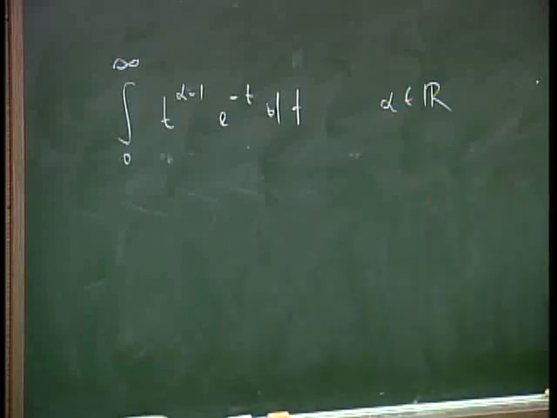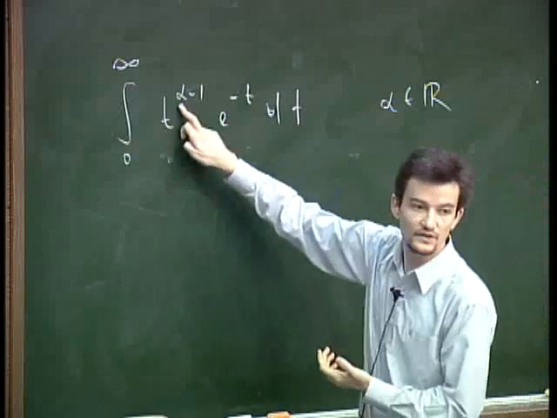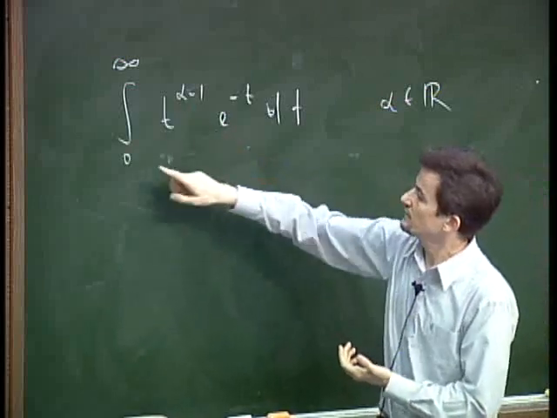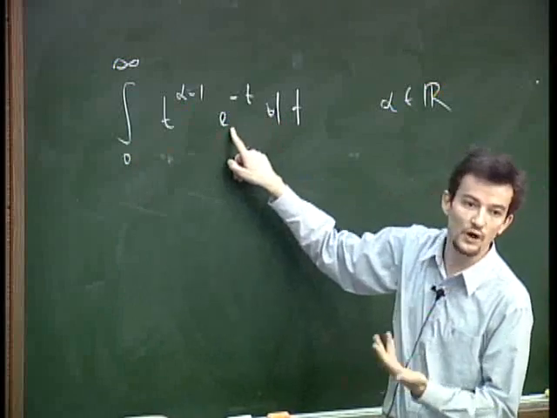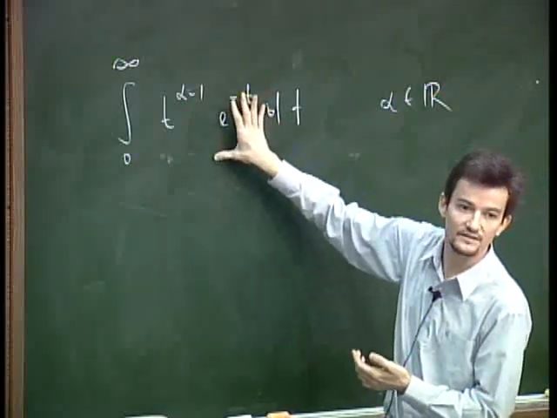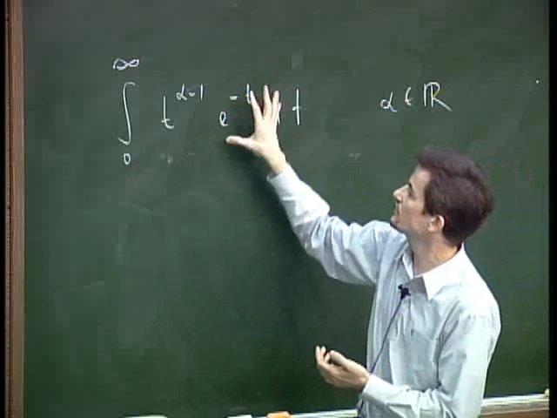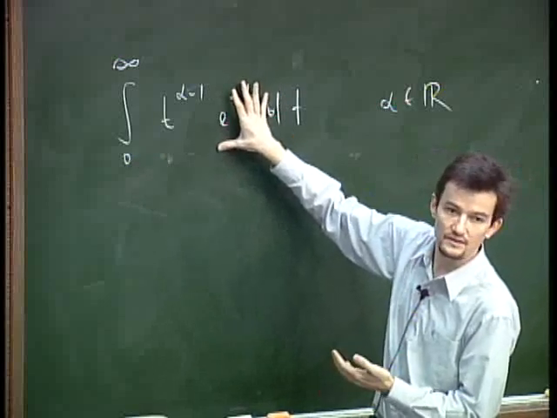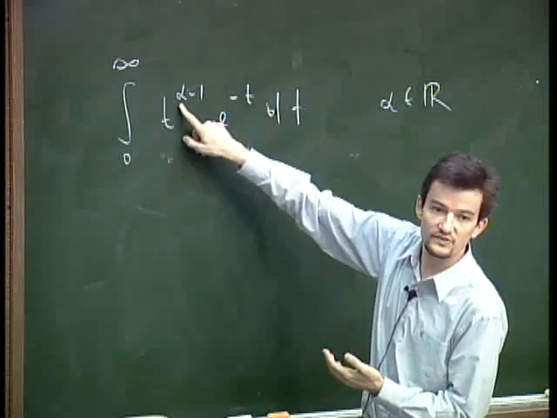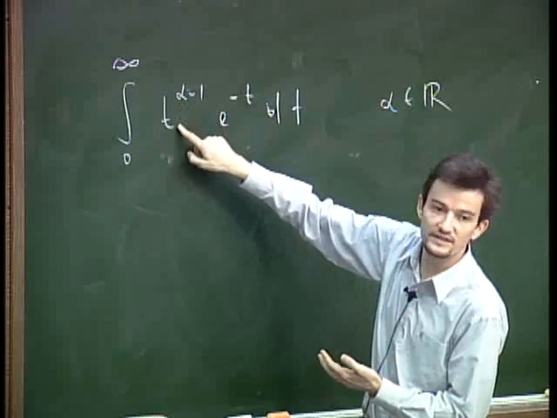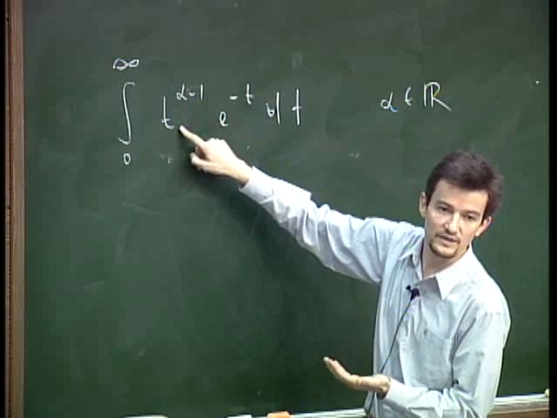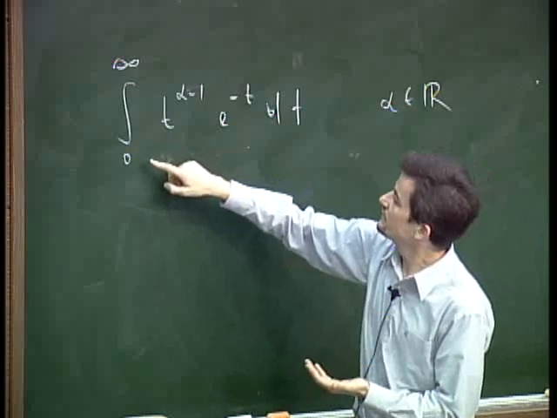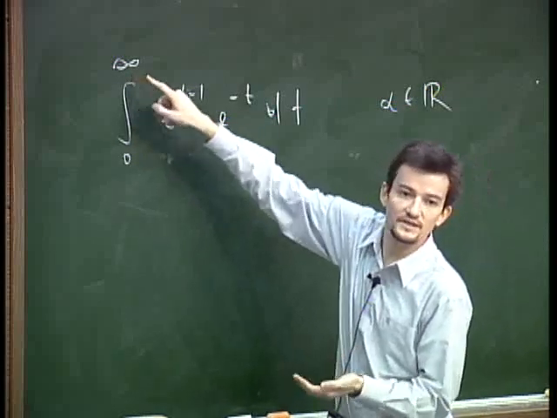For instance, if t gets close to 0, this will be close to 1, so you can look at it as 1 if t is sufficiently close to 0. Now if alpha is smaller than 1, you have a point here: a type 2 improper integral at 0, and because of infinity, you have a type 1 improper integral.